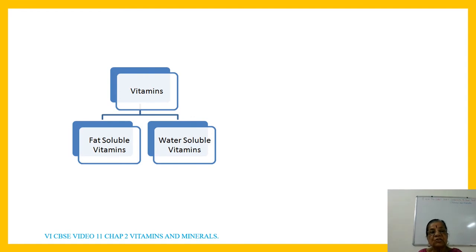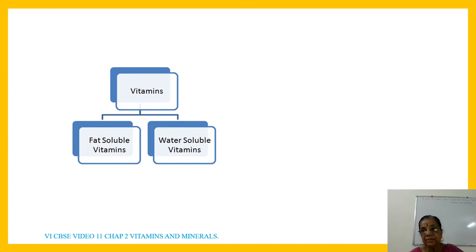The fat-soluble vitamins are soluble only in the fatty substances in the food that we are eating, and during the process of digestion. Whereas water-soluble vitamins can be synthesized easily, and are soluble.